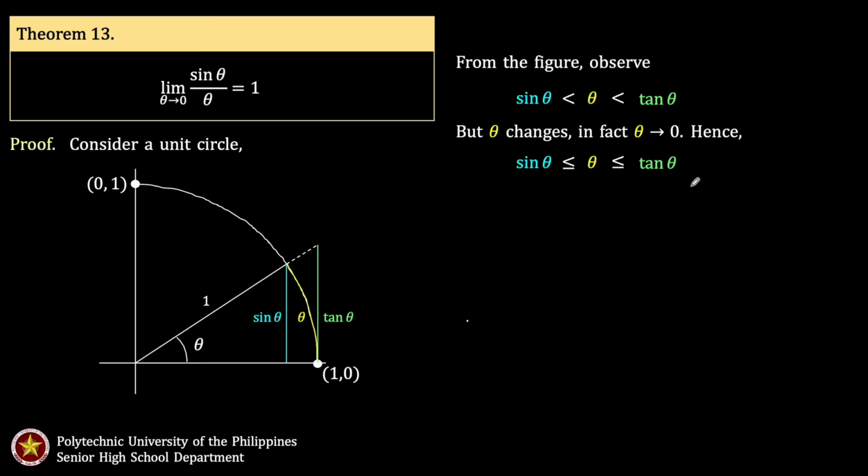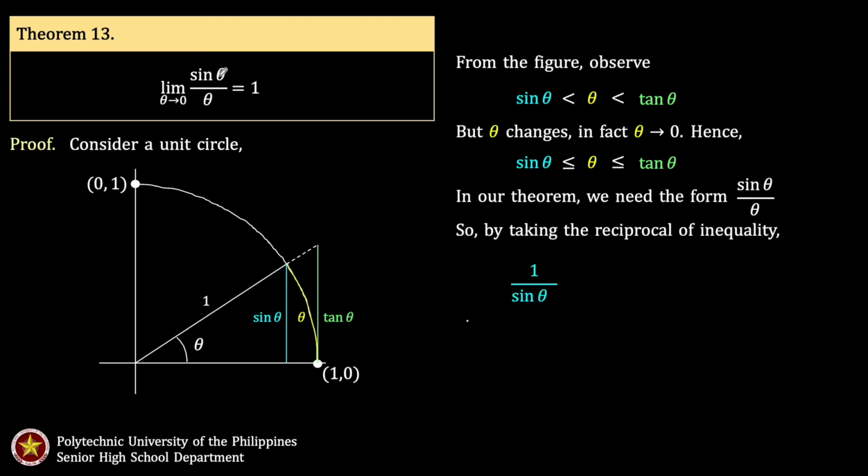So this inequality will serve as a stepping stone for us to arrive at the original function, which is sine theta over theta. Now let's take the reciprocal of each term. The reciprocal of sine theta is 1 over sine theta. The reciprocal of theta is 1 over theta, while the reciprocal of tangent theta is 1 over tangent theta.